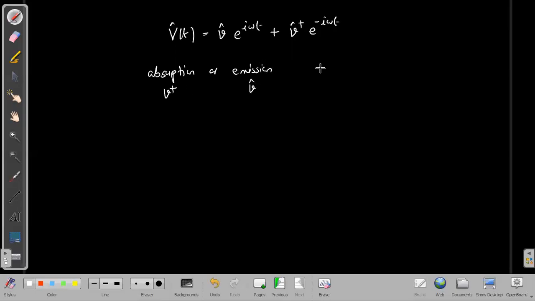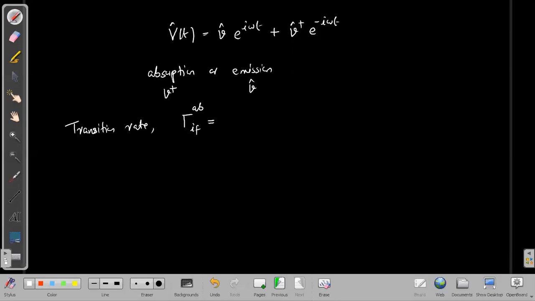Okay, so here we have just discussed the transition probability, and finally we can have the expression for the transition rate. The transition rate will usually be denoted by the symbol gamma IF. There are two possibilities.